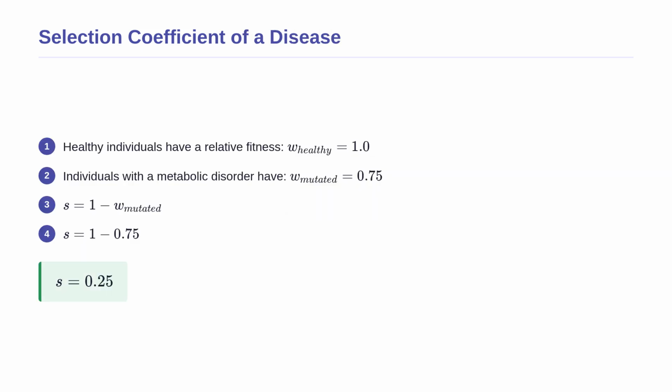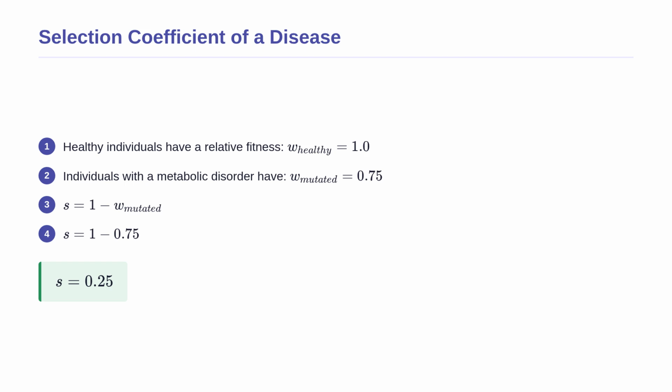Let us see how this applies to human genetics. We are looking at a population where a genetic mutation causes a mild metabolic disorder. We are given that healthy individuals have a relative fitness of 1.0, while mutated individuals have a relative fitness of 0.75.